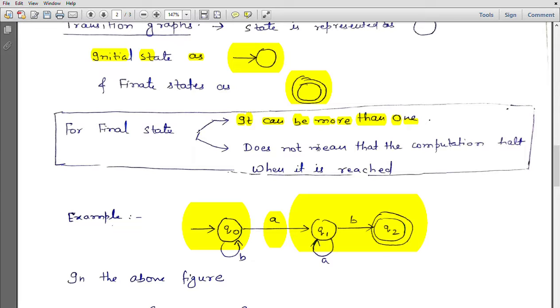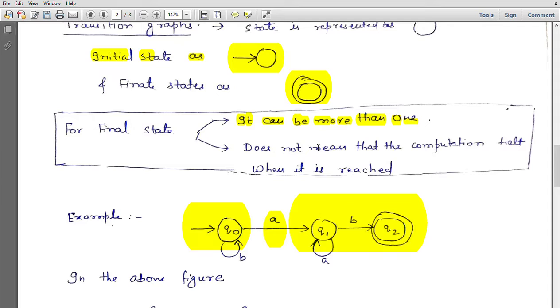Understand it in this way, that suppose we have been given a particular string. String is formed from the concatenation of different alphabet. So we have a string, and now the question arises whether the finite automata will accept that string or not.